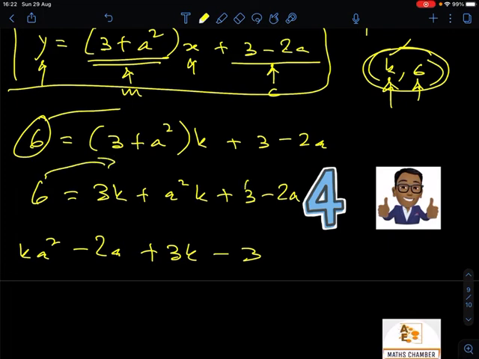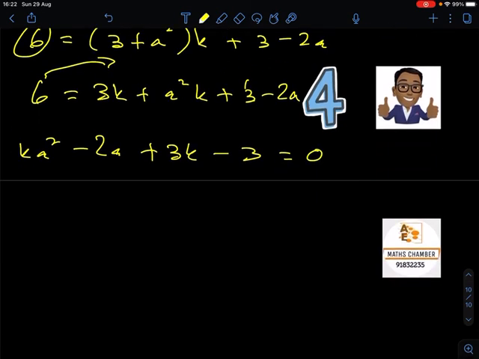Okay, so we have a quadratic equation again, in a different form, where k is constant and a is your variable.